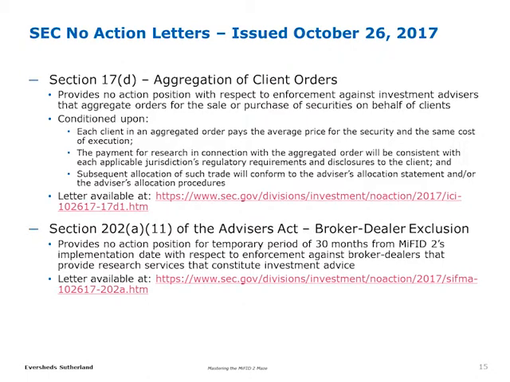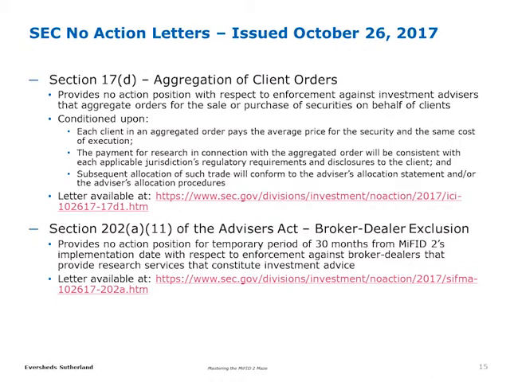So SIFMA wrote to the SEC and said, please do not make U.S. broker-dealers register as investment advisors here in the United States. They are already heavily regulated by both the SEC and FINRA, and we don't think they should be subjected to another regulatory regime.